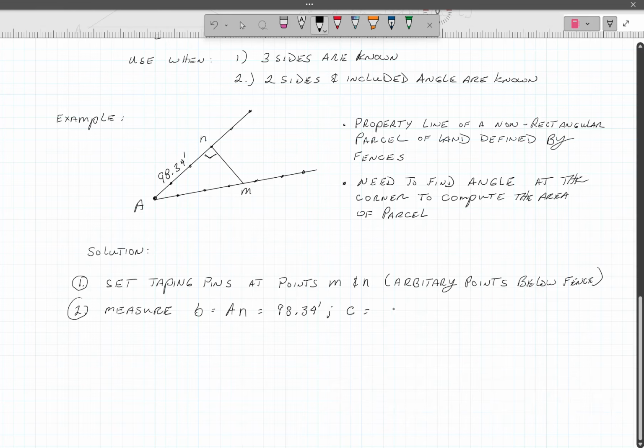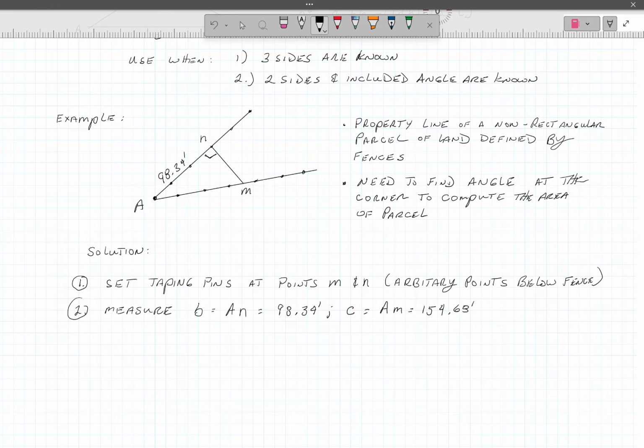And then we're going to do C equal to point A to M, and that's going to be 154.68 feet.